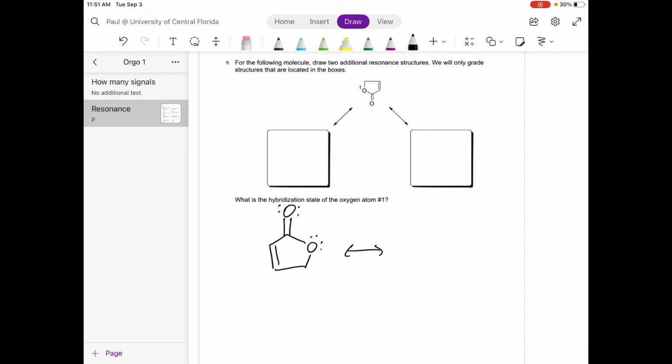So in order to draw a resonance structure, we need to realize that we have a double bond adjacent to a lone pair. When that is the case, we can have resonance. So we can say that this lone pair is going to come down like this. And then the pi electrons in that double bond are going to go there.